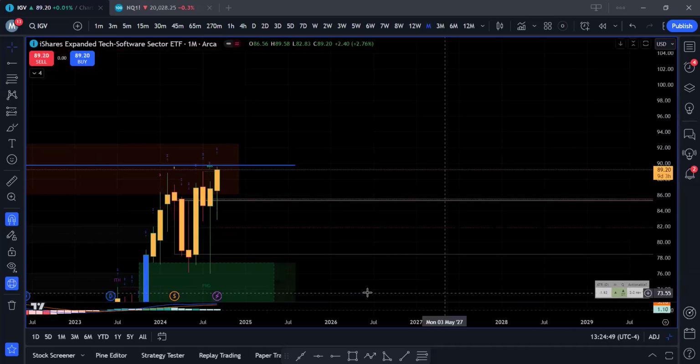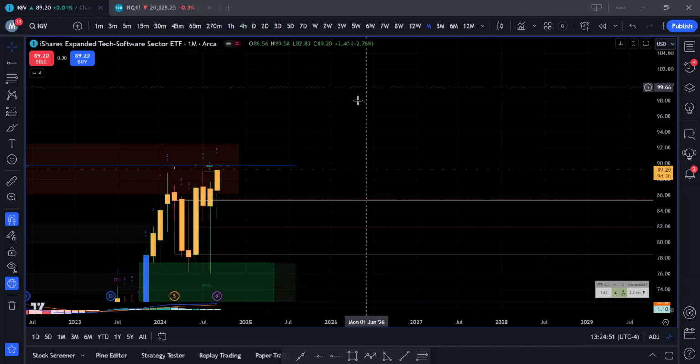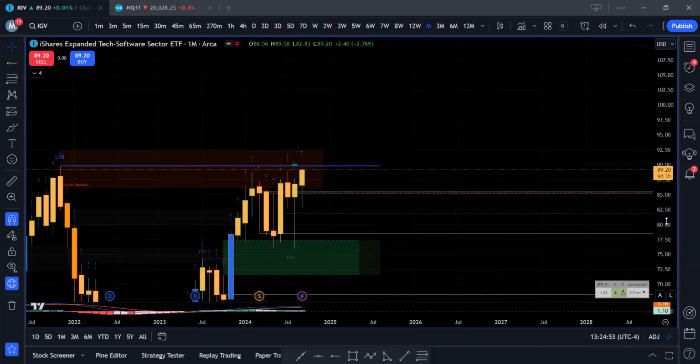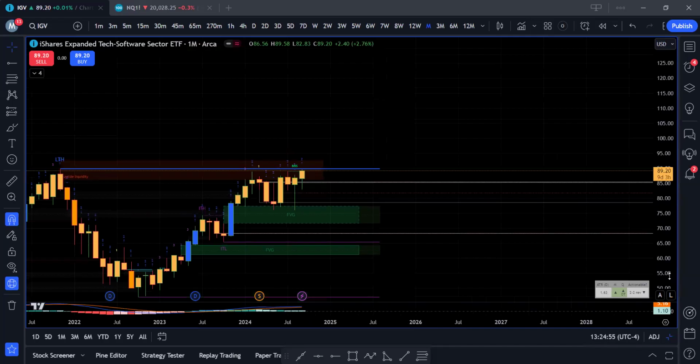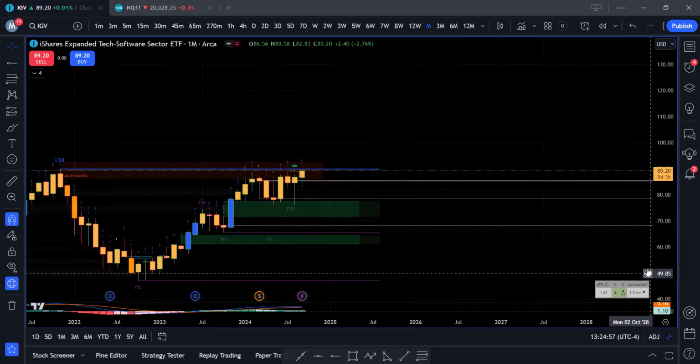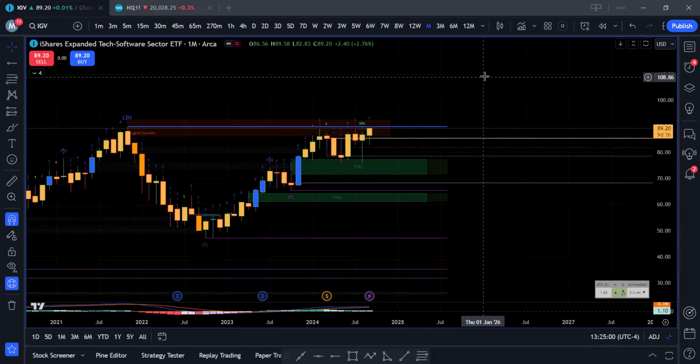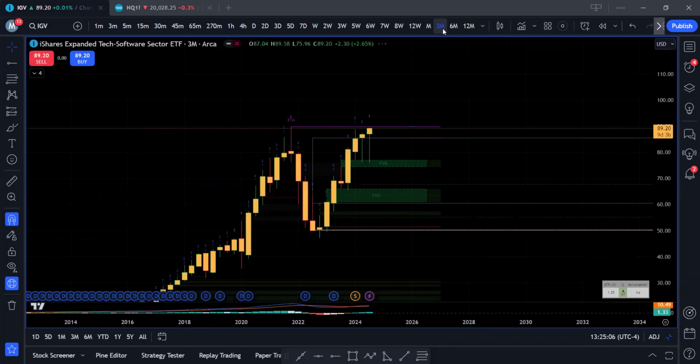I'm not talking down on scanners or anything like that. We do have the strat bot in the Discord, where we search for holy grails. Me personally, holy grails, which are 3-1s, nirvanas, 1-3s, double insides on a weekly time frame, 2 day time frame, whichever time frame you like, or search for the hammers or the shooters.